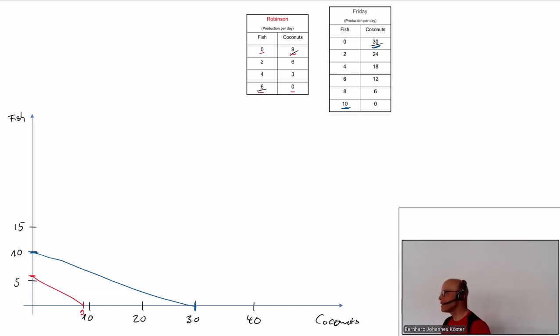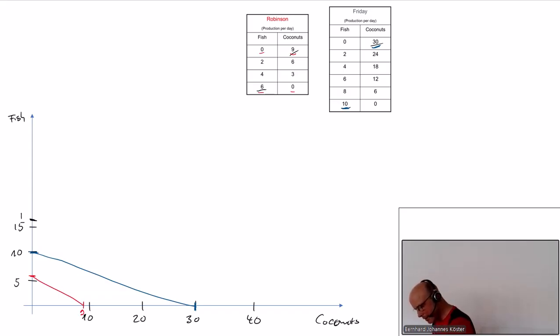So now we can ask ourselves, if they are working together at maximum, how much fish could they produce? If they are staying the whole day in the water just catching fish, how much fish can they catch in one day? 16, right.